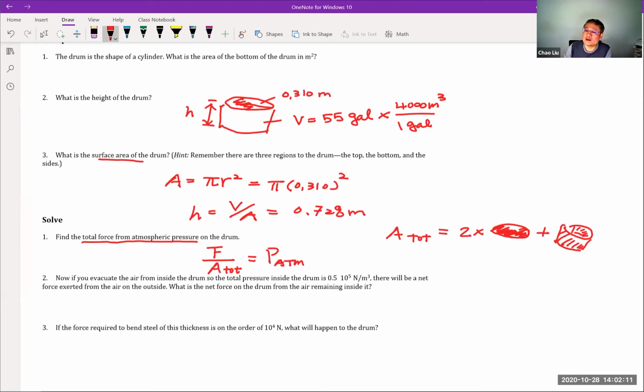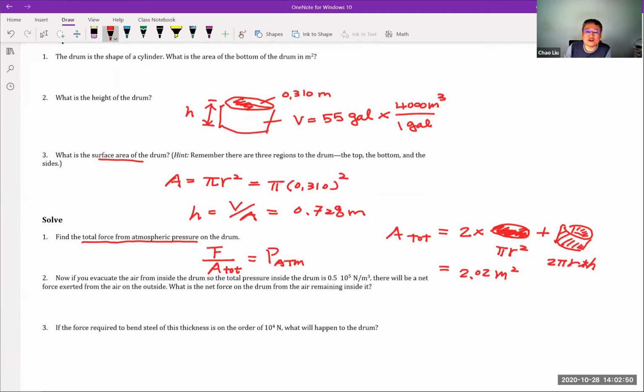You find the circumference times the height, and that will be the area of this hoop. So that is 2 pi r, which represents the circumference, times h. That will be the total surface area of this part. And this one is pi r squared, and you times 2. That will be the area of the top and bottom. You sum these together and you get the total area. The total area is equal to 2.02 meter squared.